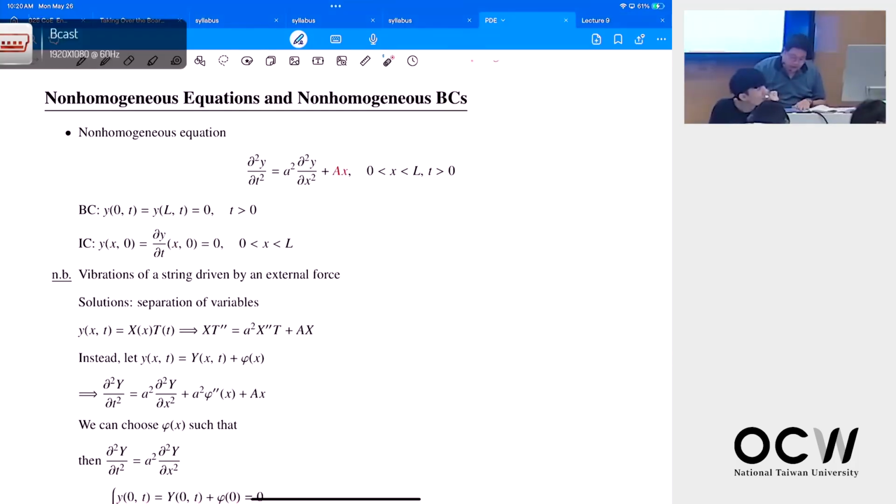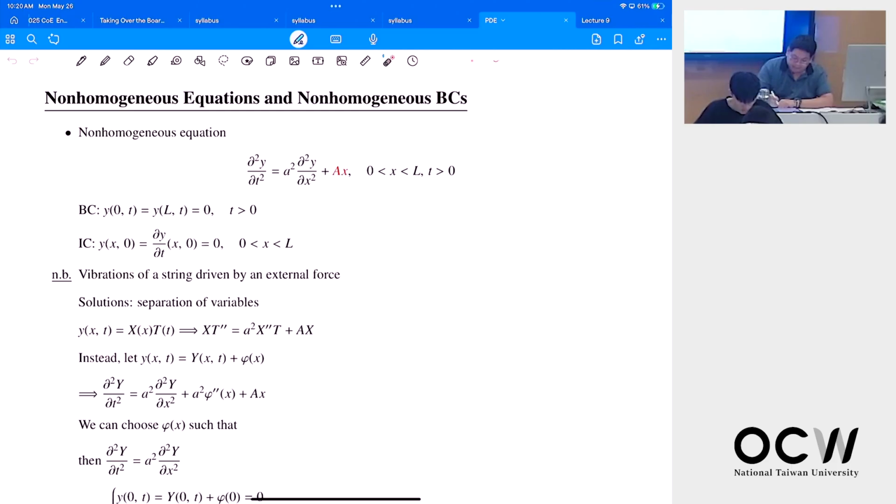Now let's continue for the non-homogeneous equations of your partial differential equation. Non-homogeneous means that here I have a source term or external driving force.